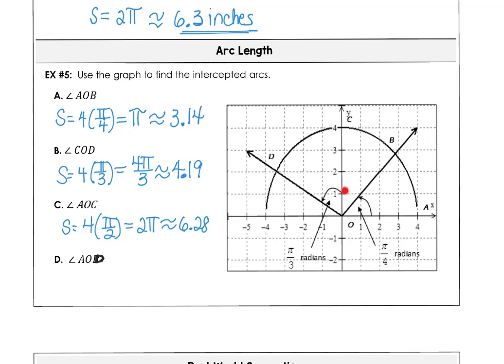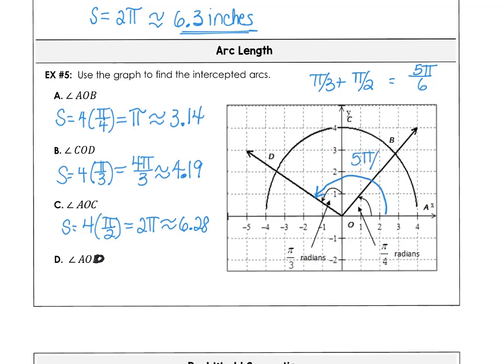So we have pi over 2 up to the y-axis and another pi over 3. So if we add those together, pi over 3 plus pi over 2, we've got 6 in the denominator, and 5 pi over 6 for angle AOD.